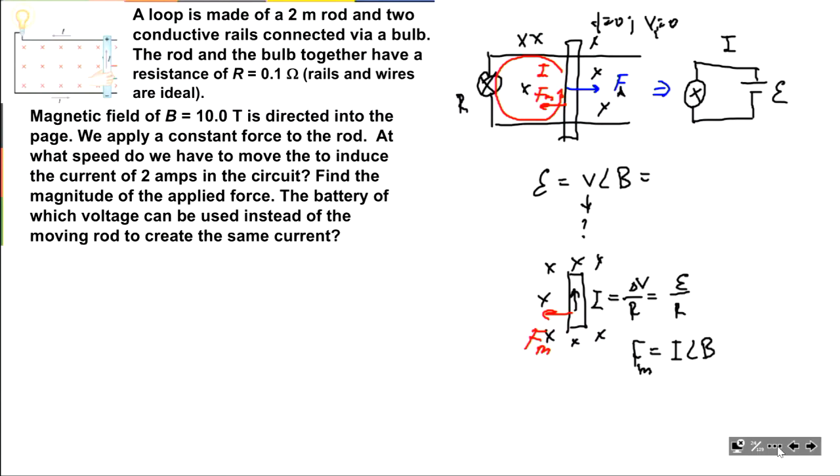And when it happens, when the magnitude of magnetic force becomes equal to the magnitude of the applied force, F net equals 0, that is when the speed stops changing.